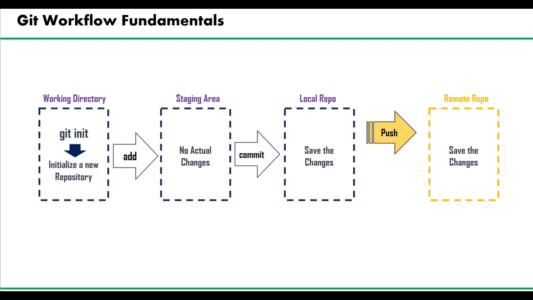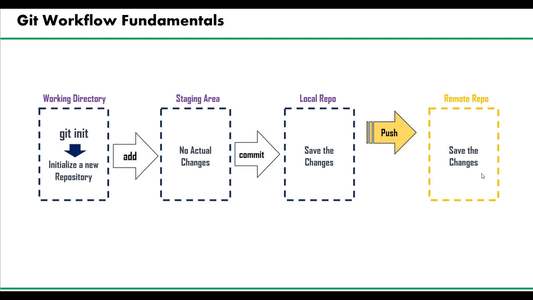Welcome back. So in this tutorial, we want to talk about pull and fetch commands. But before that, recall we had gone through the Git workflow when we wanted to update the remote repository, when we have some changes in our working directory.